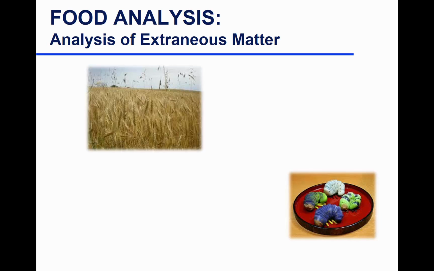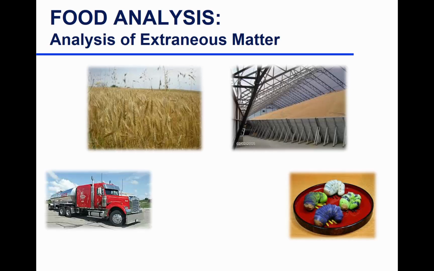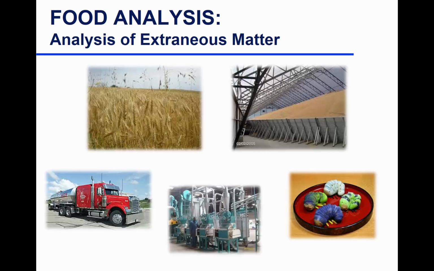They can get into your food right from the land, before harvest, during storage, during transport, and during processing. So at any stage, you can get insects in the food, and it's practically impossible not to have insect contamination in your food.